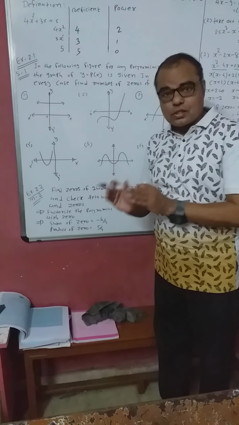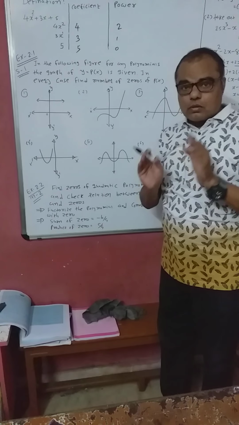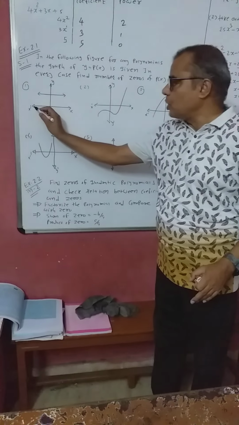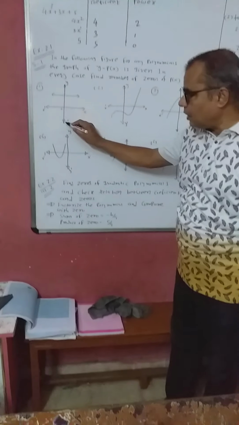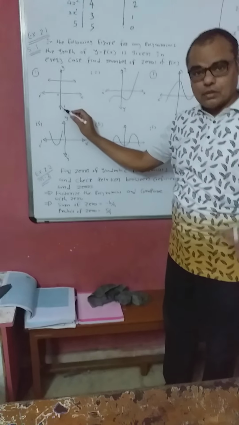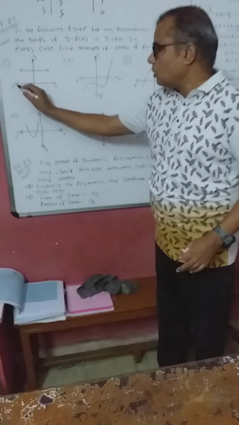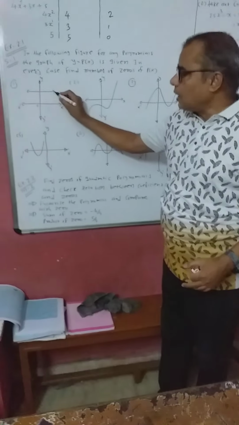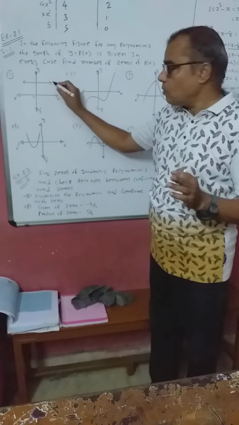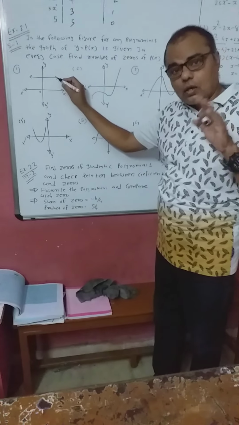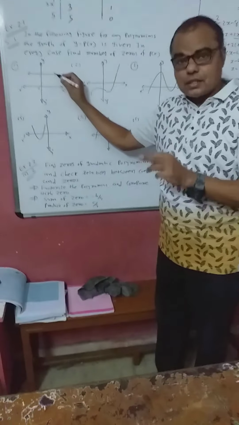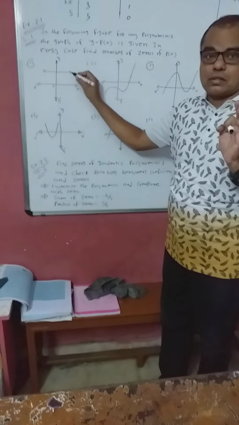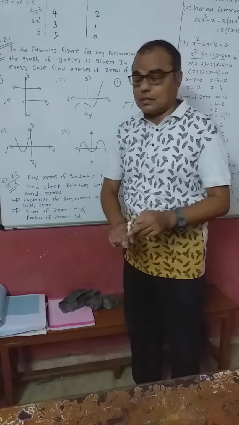You have already studied graphs in an earlier standard. The horizontal line is known as the x-axis. The vertical line is known as the y-axis, right? Whatever line or parabola or curve intersects the x-axis, you have to see only the x-axis.